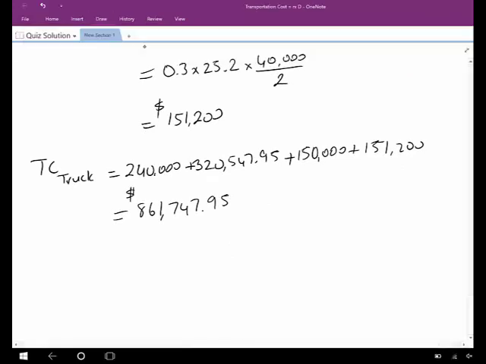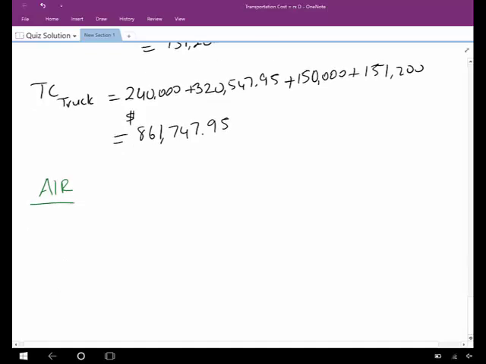Final one is air transportation. First, let me do transportation cost. Again, it is R times D. The rate for air is 88 cents and 1.2 million pounds.